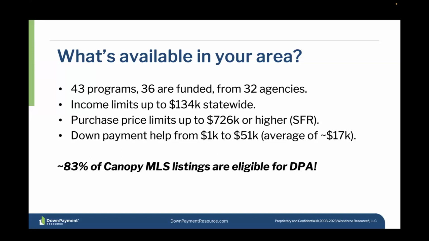And one update from last week, we have now started processing the eligibility of listings in your market. We anticipated about 72% of Canopy MLS listings would be eligible for down payment assistance.